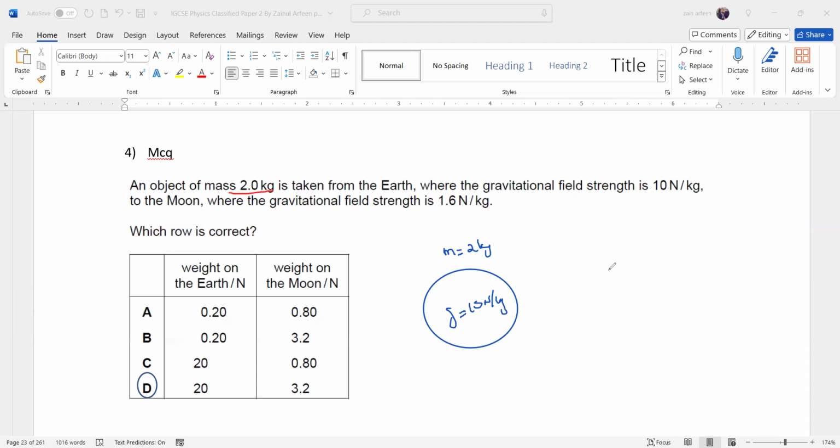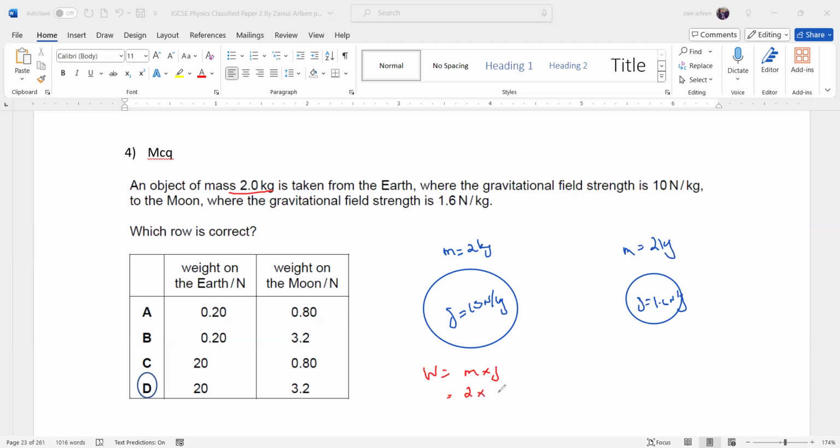We need the weight on Earth and the weight on the moon. If the same object is taken to the surface of the moon, where the gravity is 1.6, the mass won't change, the mass will remain 2 kg. So for the weight on Earth, weight is mass times gravity.